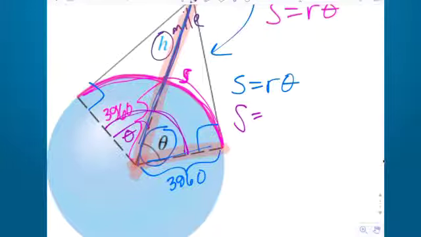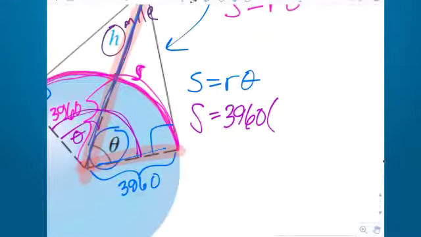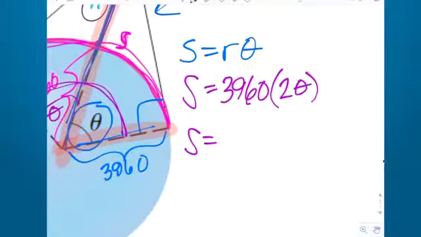So the arc length now is the radius. What's my radius? 3960 times what? My central angle, which is not theta, but in this case, 2 theta. So if I simplify that, 3960 times 2 is 7920.